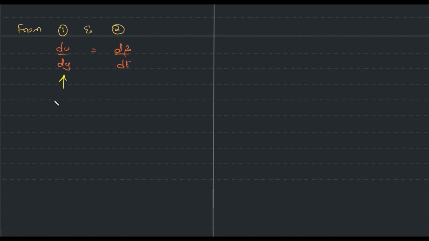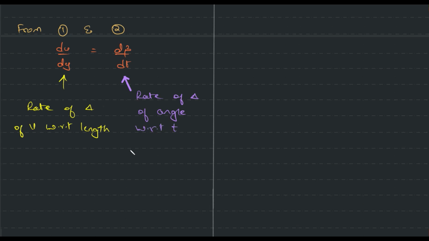So I just write this for the sake of understanding. Rate of change of velocity with respect to height, or length, not layers, sorry, whatever you guys want to call it, is related to the rate of change of angle with respect to time.